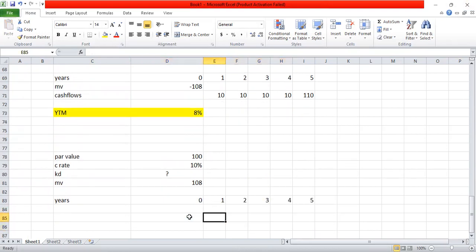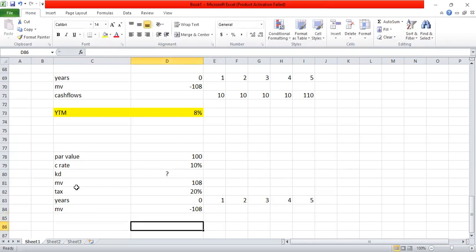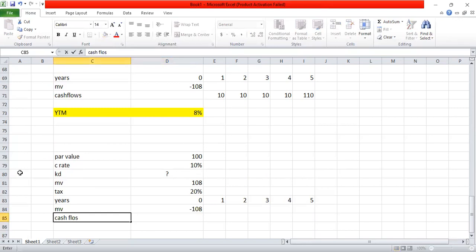But remember now here, for example, let's assume here the tax is 20%. Now, in year 0, you will place market value. Example, negative 108. Now the cash flows will be.